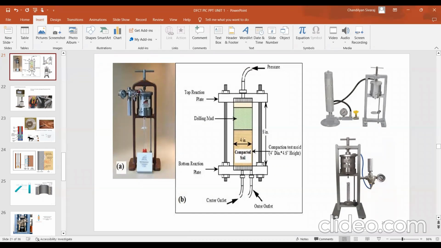At the bottom, there is an aperture or orifice through which the fluid can pass, with a filter placed on top of it. The experiment is conducted to find out how much filtration loss passes through the standard filter paper.